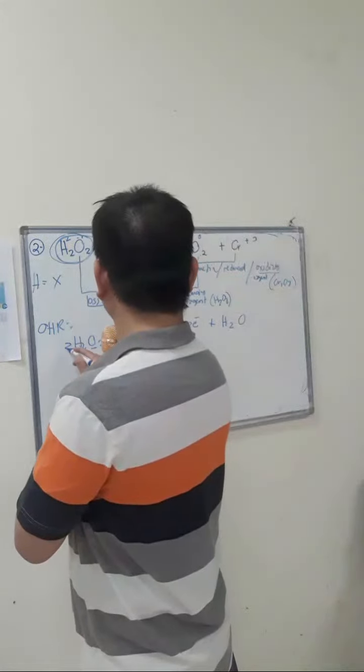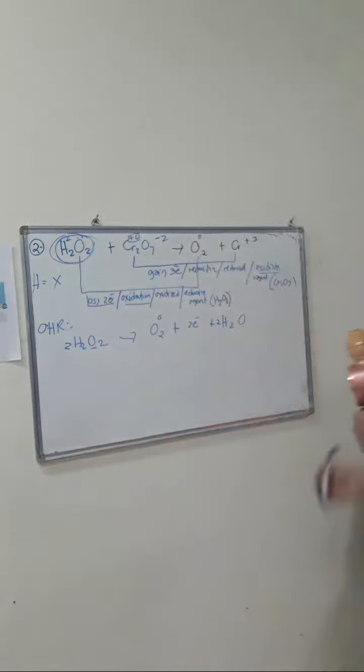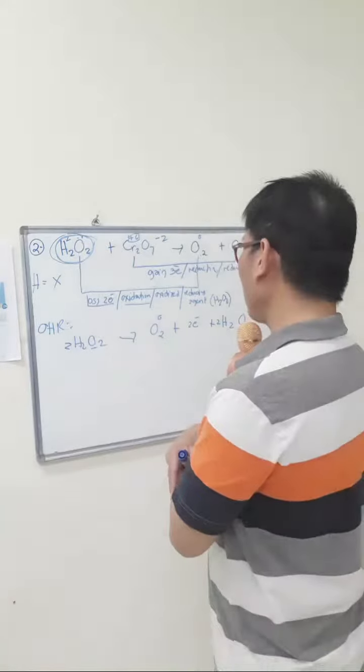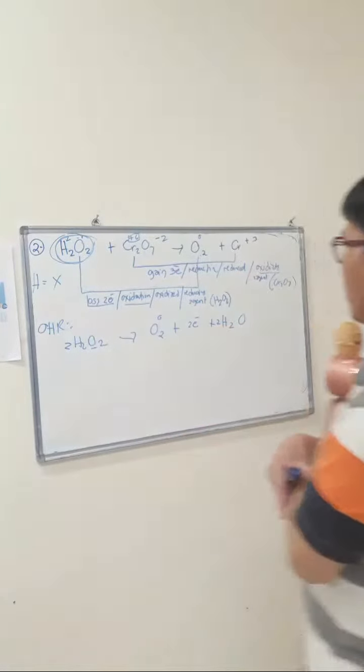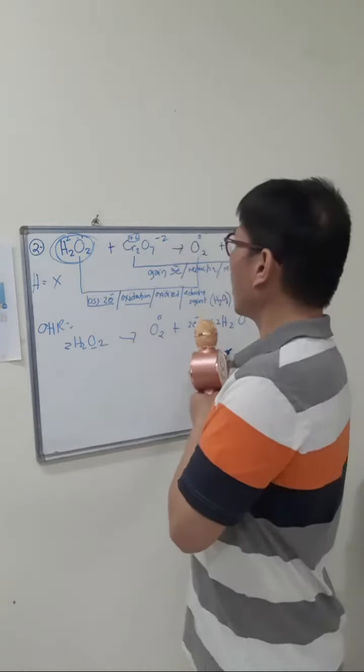So 4 hydrogens, 4 hydrogens, so 4 oxygen, balanced, right? 2 moles of water and 2 moles of hydrogen peroxide. That's balanced already, right? Now, you don't have to add 4H on the left, because you balanced it already. So balance the charge.